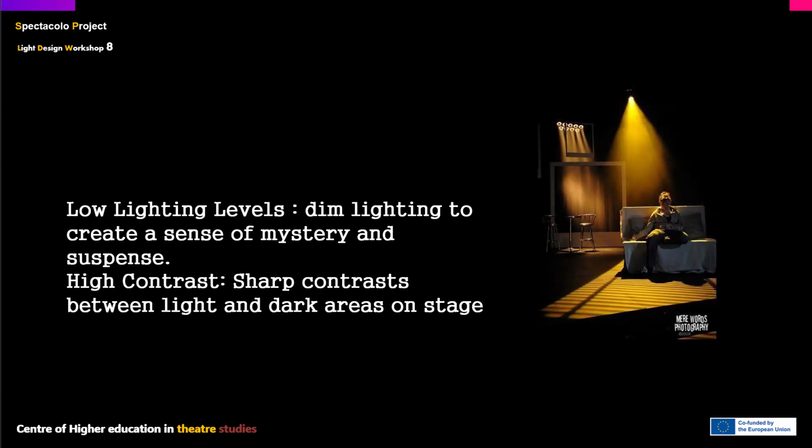Shadows and darkness are integral in these, hiding shadow elements from the audience, which can heighten anxiety and anticipation. Also, the sharp contrasts between light and dark areas on stage can create a dramatic effect.